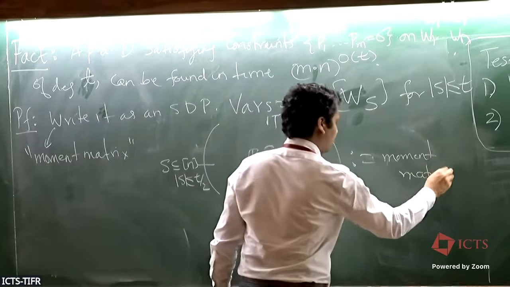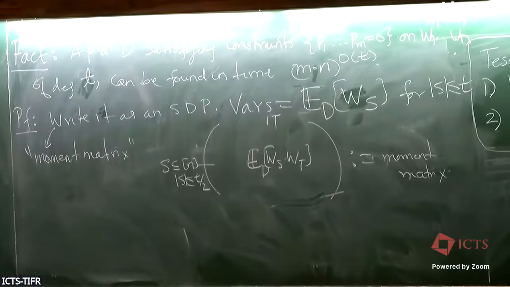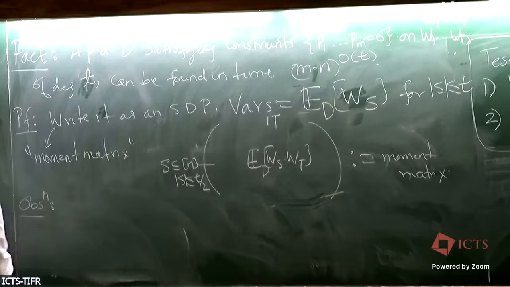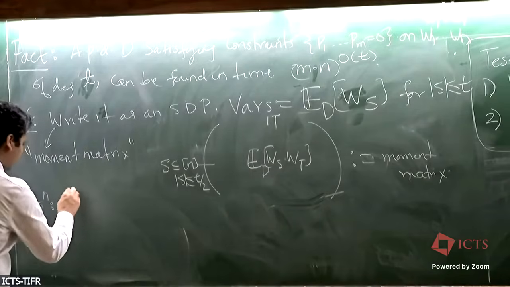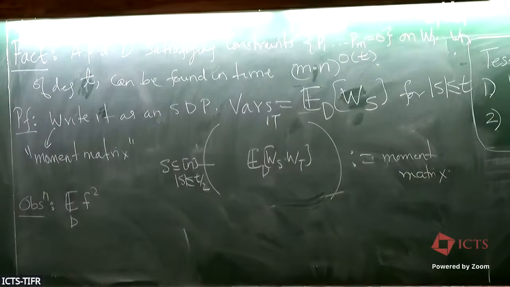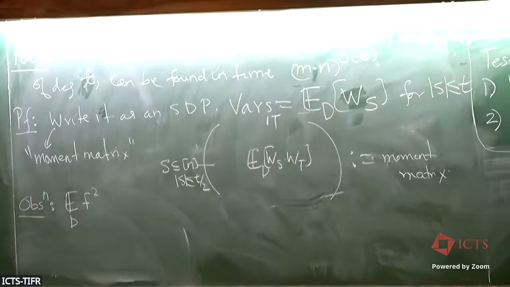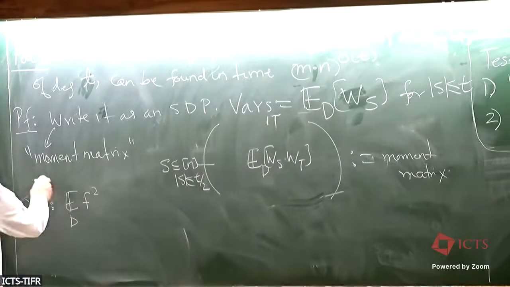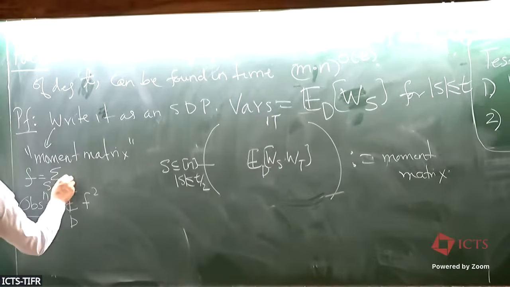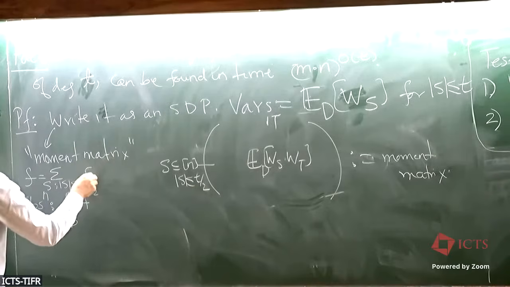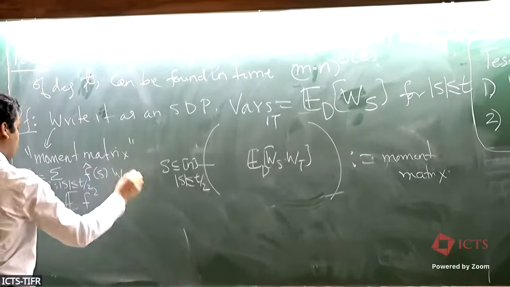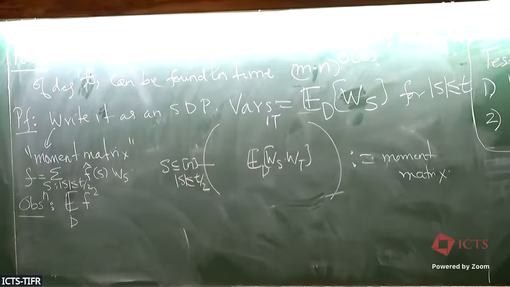I'll be a little bit quick here, but the key observation is that if I want to compute the expectation of a square of a polynomial f of degree at most t over 2, so let's say my polynomial looks like this: f is the sum over S with size at most t over 2 of some coefficient times the monomial W_S. That's how any degree t over 2 polynomial looks.